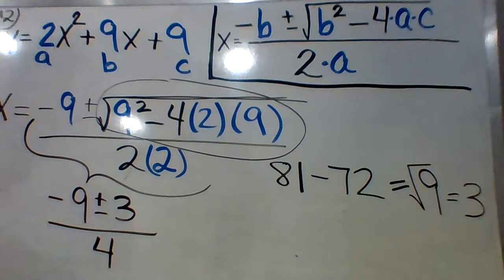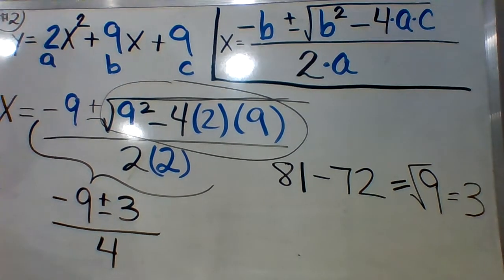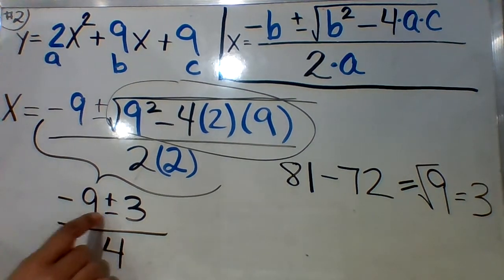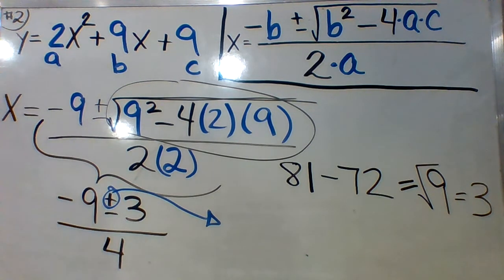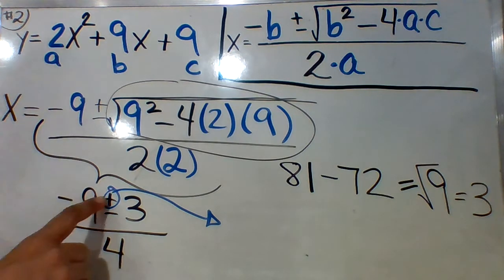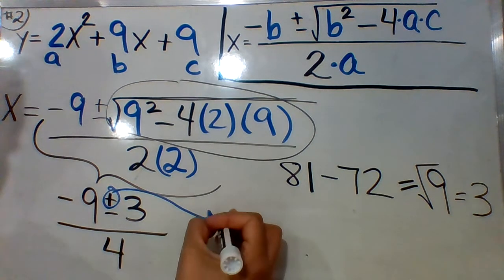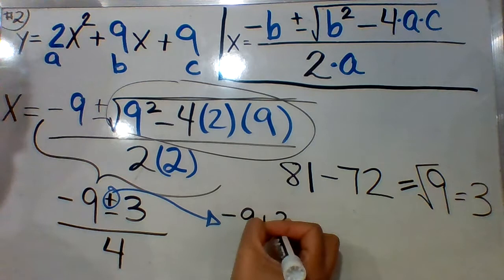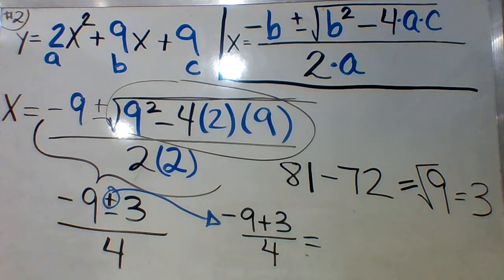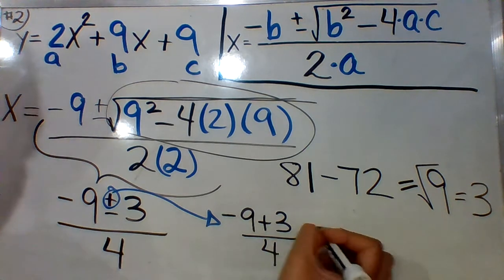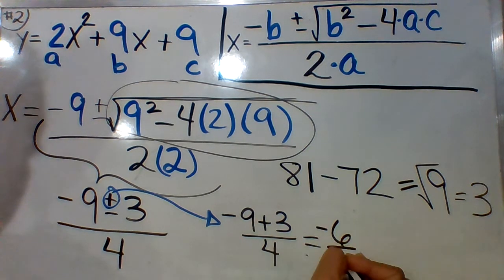So our two answers are going to come from the plus route and from the minus route. So here I'm going to go ahead and go the plus route. And it's going to be negative 9 plus 3 over 4. Negative 9 plus 3 is going to give us negative 6 over 4.